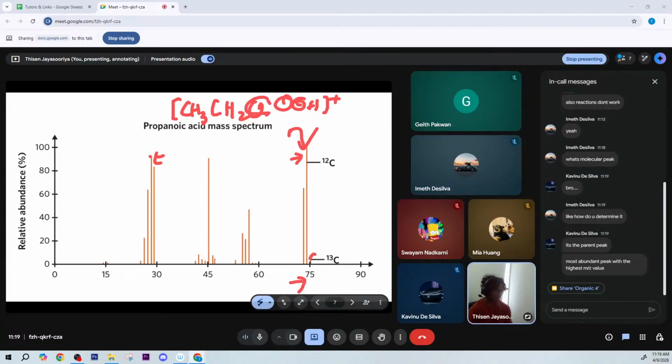Technically both of these are the molecular ion peak, right? But we usually just consider the regular isotope as the molecular ion peak, yeah? Whereas the base peak is the tallest one, yeah? So here, this one's also the tallest one. Does that make sense?